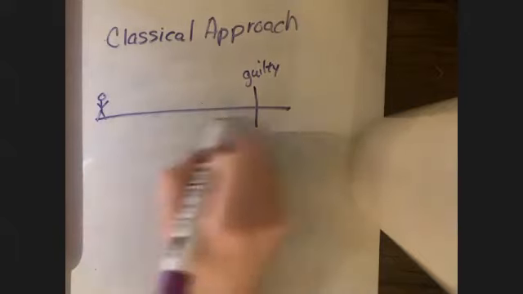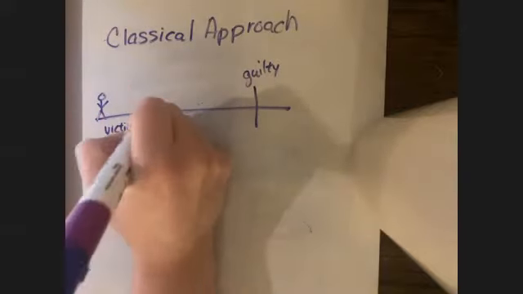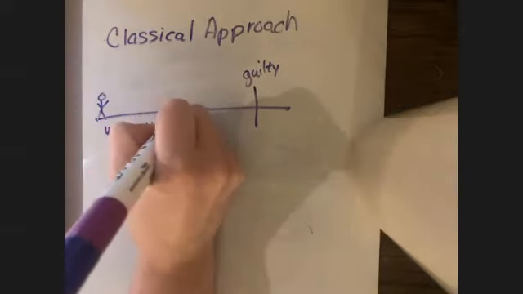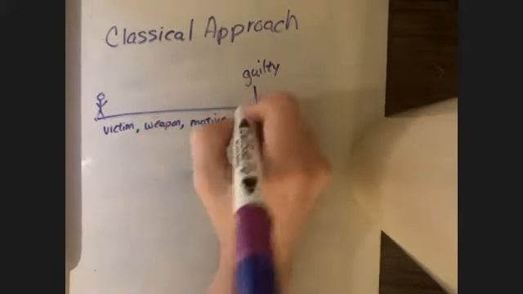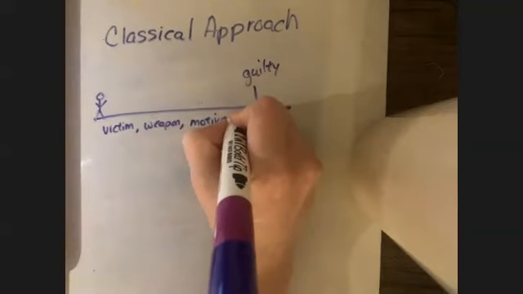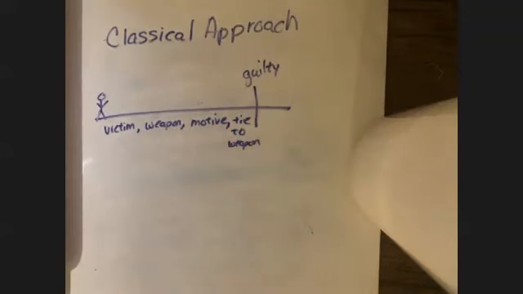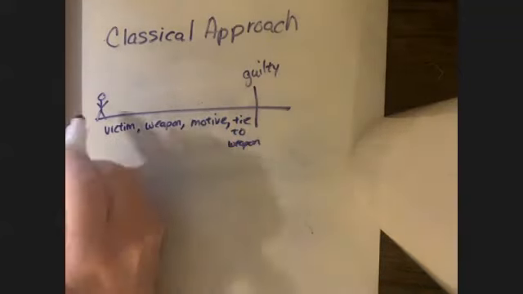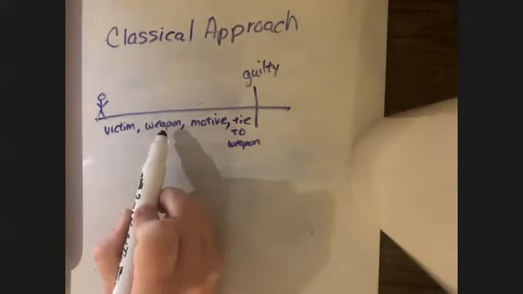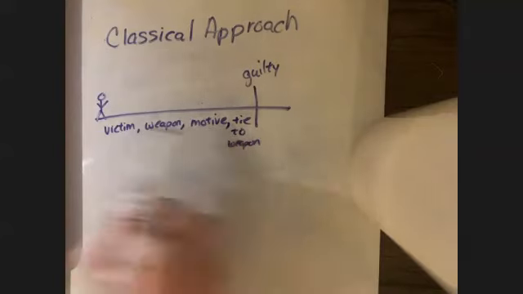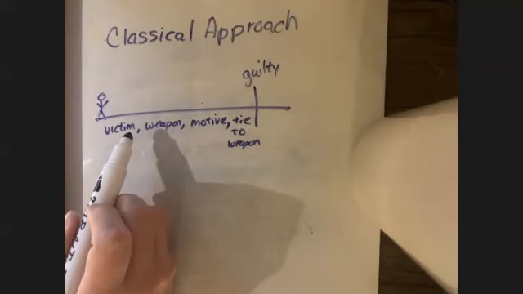Things that have to happen down here: I have to have a victim, I need a weapon, I need a motive, and I need a tie to the weapon. So for me to convict this person or find them guilty, I have to have a victim, a weapon, a motive, and some way to tie this person to the weapon, whether that is DNA, fingerprints, whatever else.